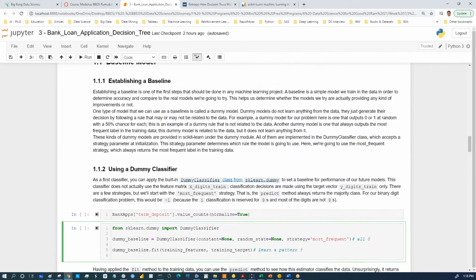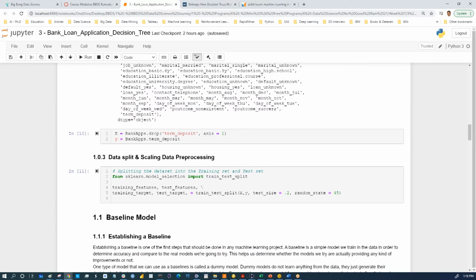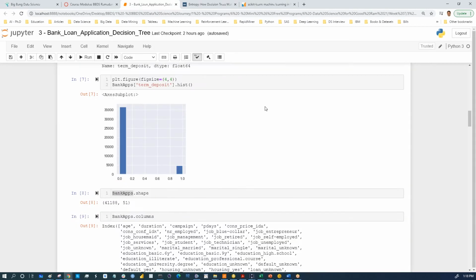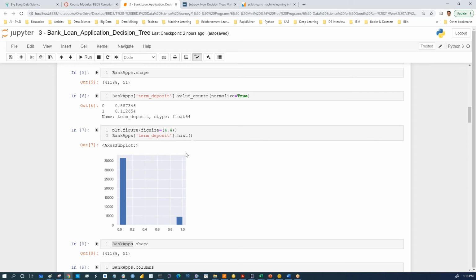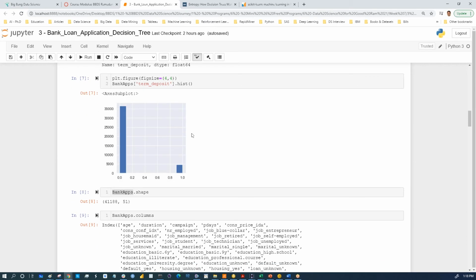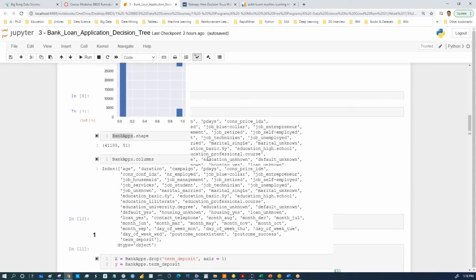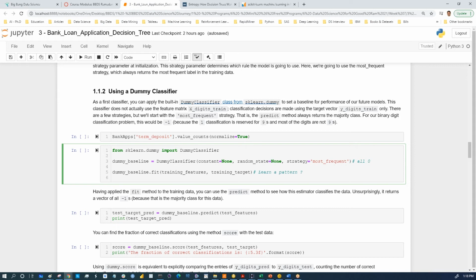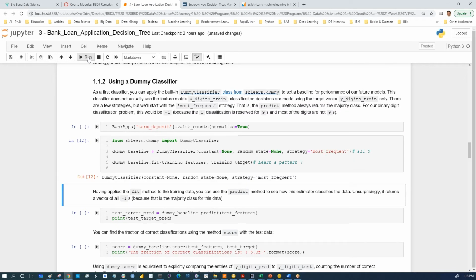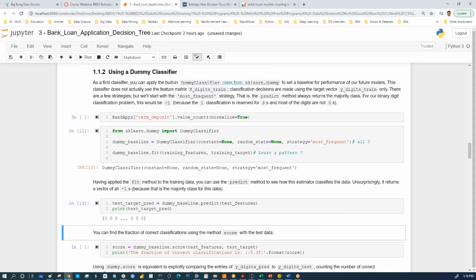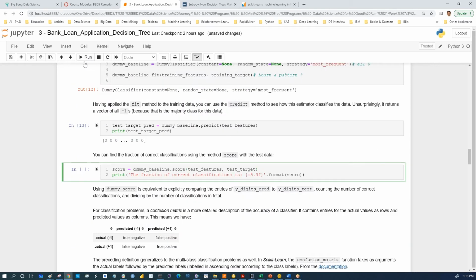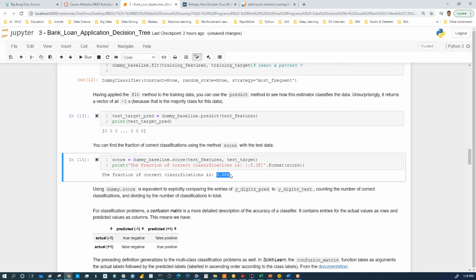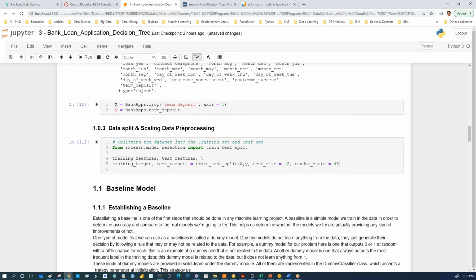So if we were to guess whether Idris will purchase a term deposit using the most frequent class, which is zeros, of course, it is going to be No. That is 88, and that is what we have here.